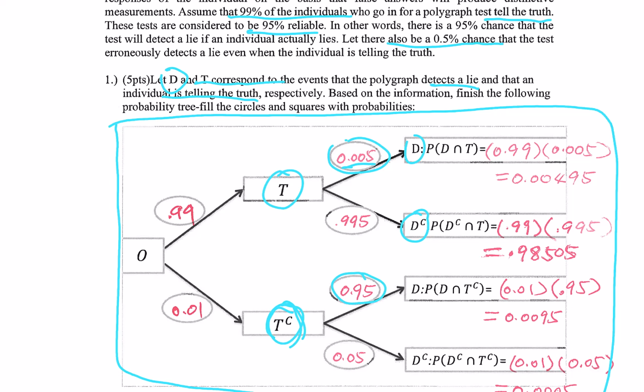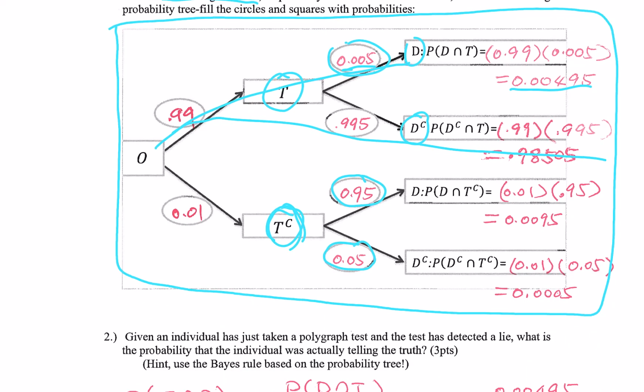And then 1 minus 0.95, you get 0.05. As we explained in the probability tree diagram, the joint probability is the product of the two probabilities on the route. Use 0.99 times 0.005, you get this guy. And the same thing, you get this guy right here, and then this one, and then this one. Now you finished the whole so-called tree diagram.